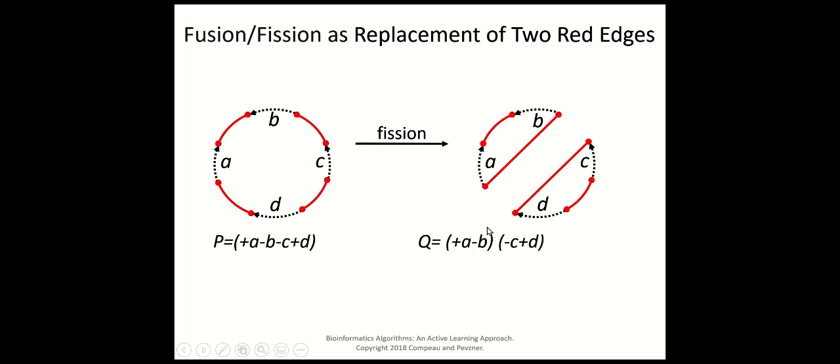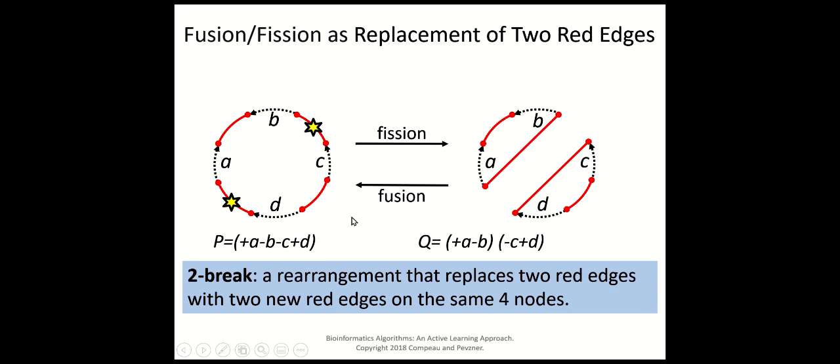I wish you to notice this as the parentheses. And the fusion is when I replace two arcs on two different graphs with two arcs on the same graph to obtain a single cycle.